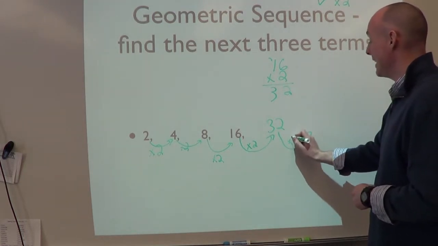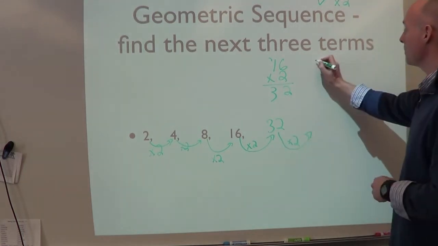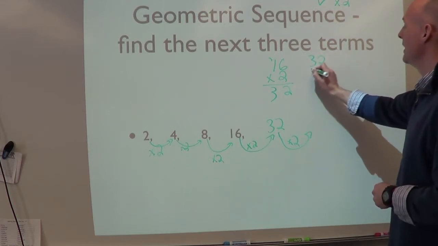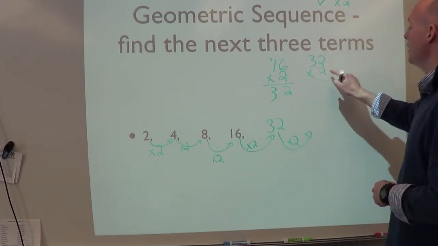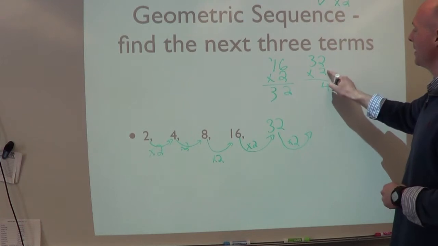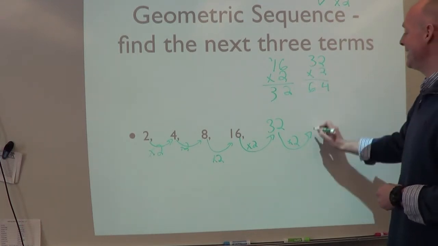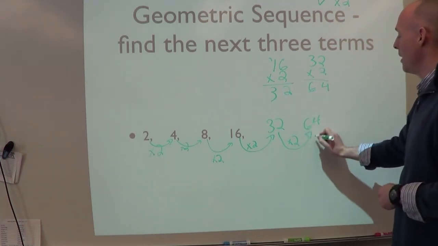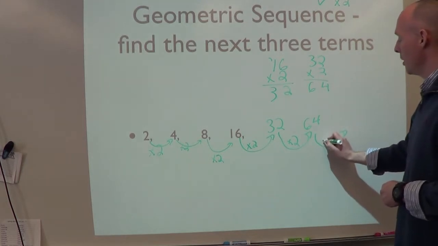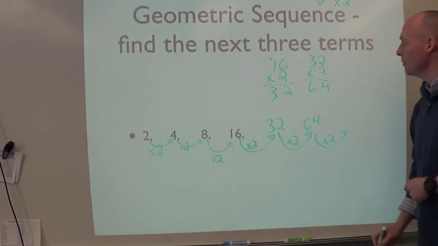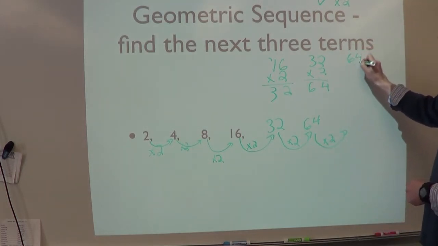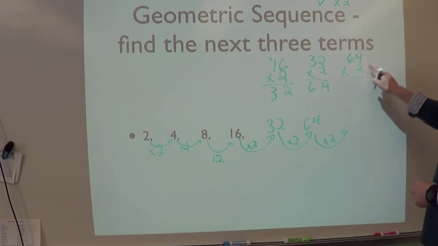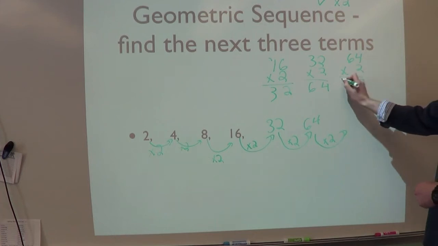We're going to multiply it times 2 again. So 32 times 2. This time 2 times 2 is 4. 2 times 3 is 6, and that is 64. Excellent. One more term to go. Multiply times 2. 64 times 2. And 2 times 4 is 8. 2 times 6 is 12.